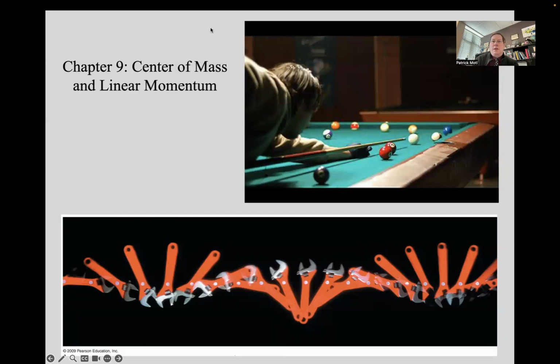Two of my favorite images for highlighting the ideas of momentum and collisions and center of mass are here on the cover page for the chapter. Sitting and playing pool is a great way to experiment with the ideas of collisions and conservation of momentum.